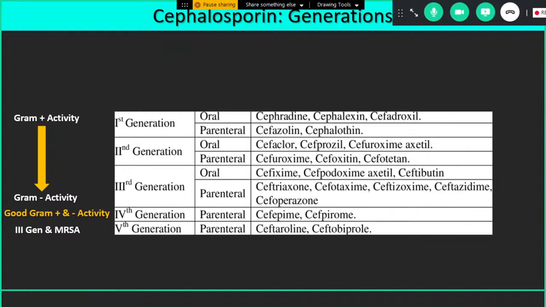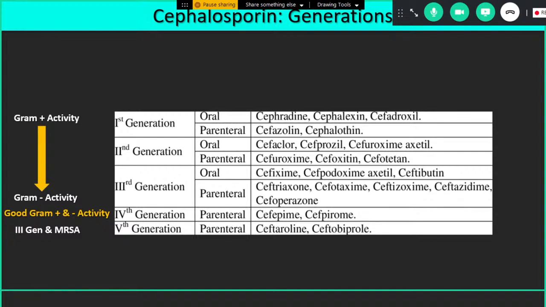So the gram-positive activity is first decreased, then the fourth generation has good activity against both gram-positive and gram-negative, and the gram-negative activity is increasing from first generation to fifth generation.